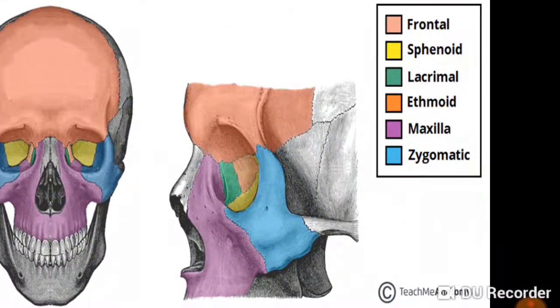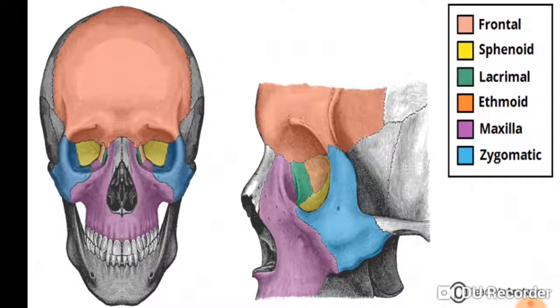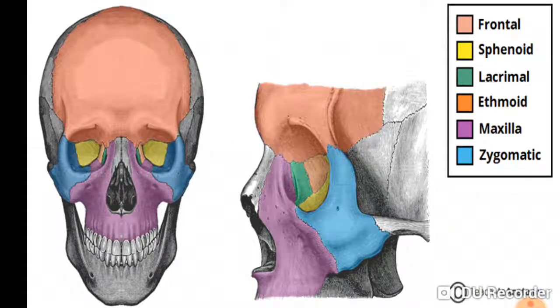I hope you have understood it. Let's revise it quickly so that you learn it here and never forget it. The margins of the bony orbit are formed at the top by the frontal bone, on the lateral side by the zygomatic bone, and on the lower end and the medial side by the maxillary bone.